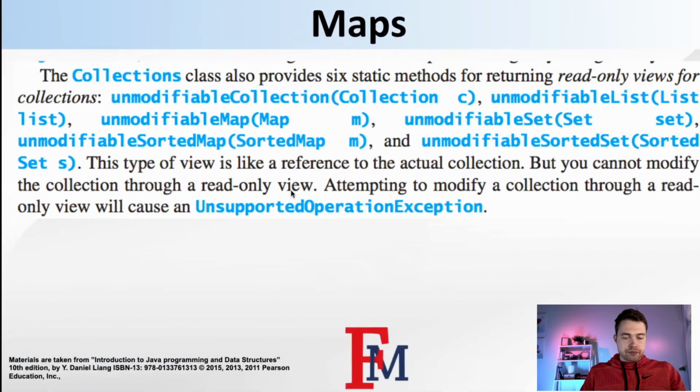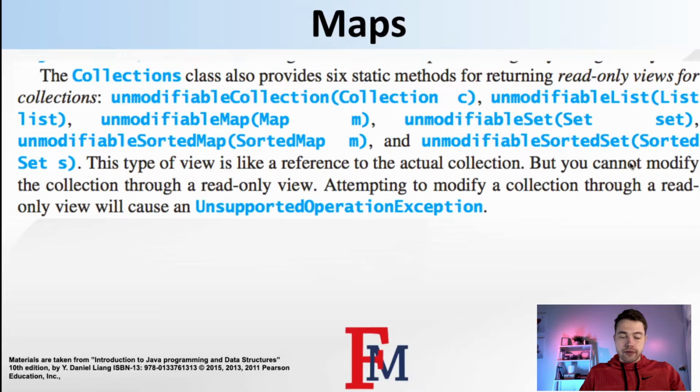The Collections class also provides six static methods for returning read-only views of collections: unmodifiable collection, unmodifiable list, unmodifiable map, unmodifiable set. All of them can be created as unmodifiable. Modify means to change, so unmodifiable means something which is not changeable. This type of view is like a reference to the actual collection, but you cannot modify the collection through a read-only view.